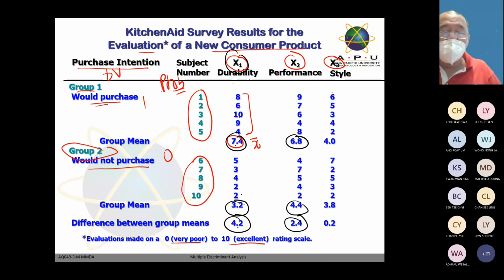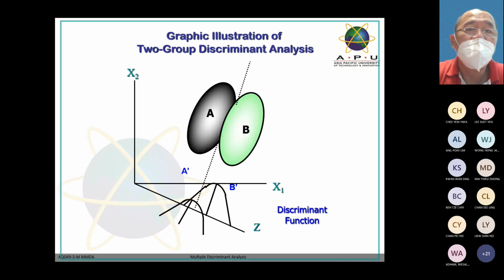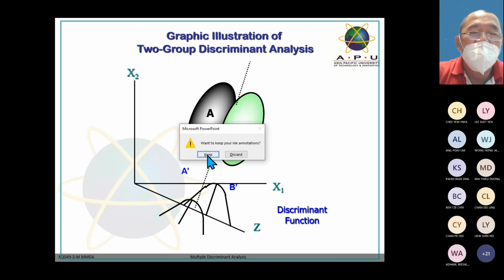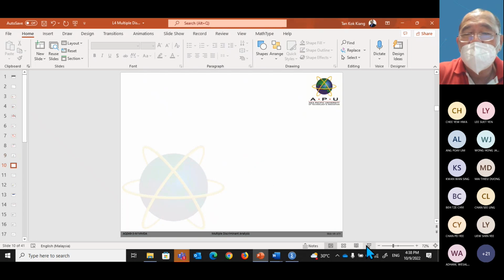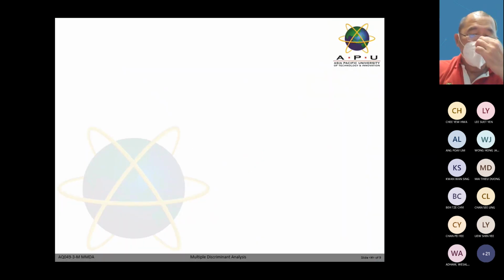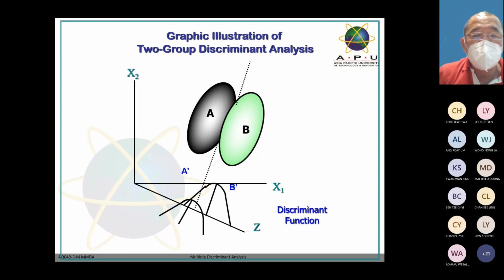Okay. So we see next. This one diagram not too good. I do a new one. I can draw a new one here. Okay, but you ignore this one.